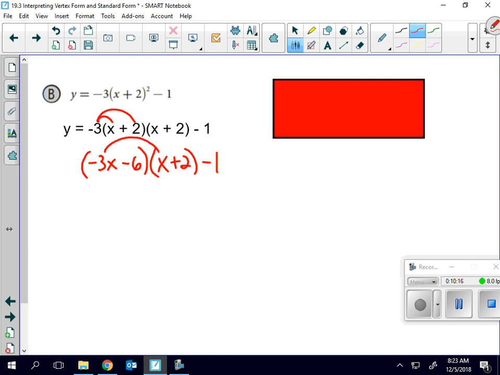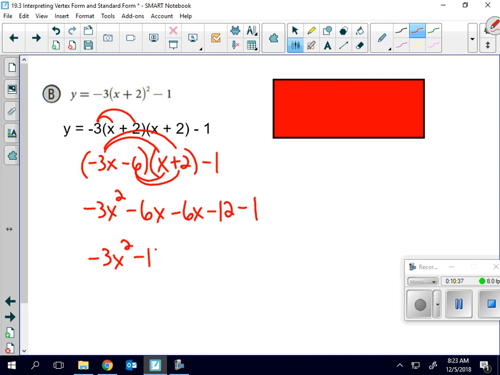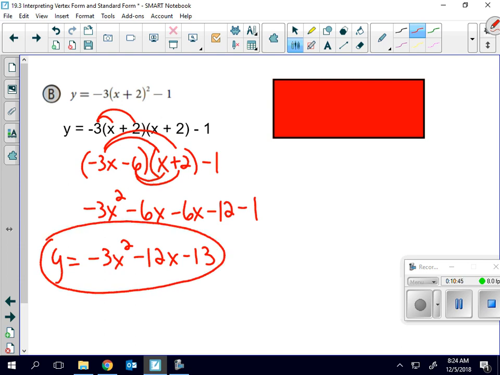We get a negative 3x squared, negative 6x, another negative 6x. It won't always happen that way. And a negative 12, and then minus 1 at the end. Combining like terms. And it's y equals.